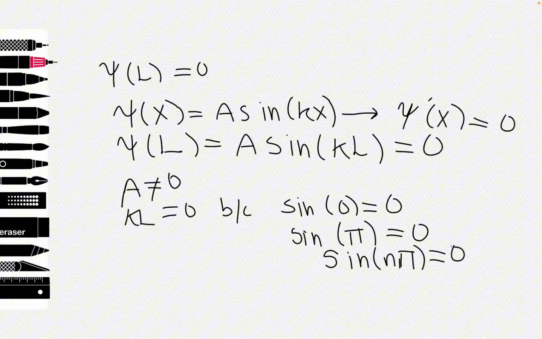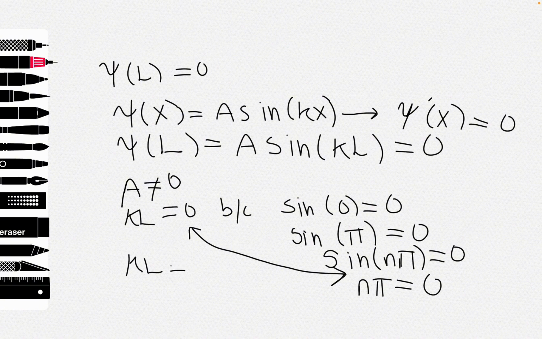But for this to happen, we have to make this n pi. Now we have two equations that we can put together, such that KL is equal to n pi. Therefore, we have K, the wave number, is equal to this.